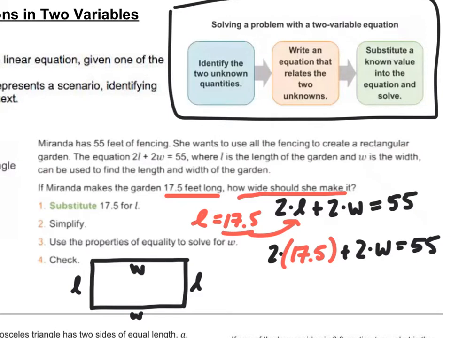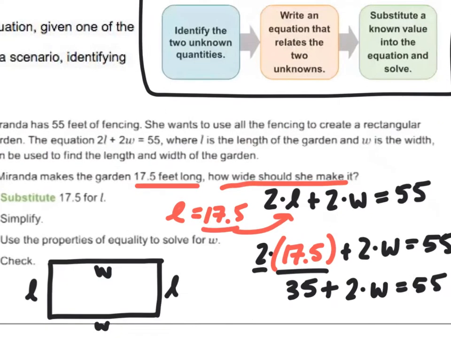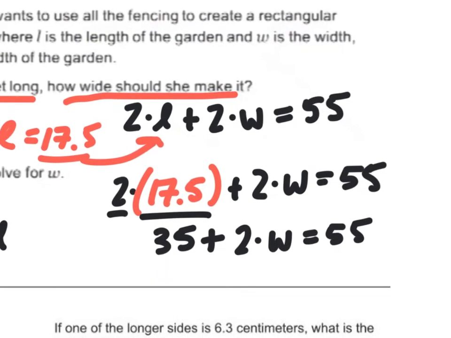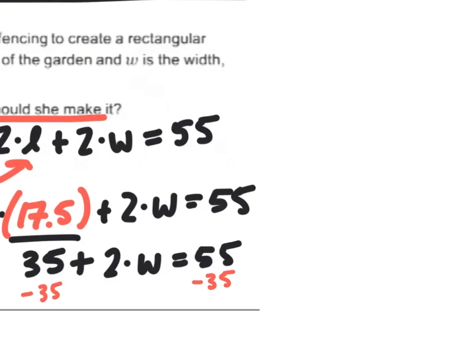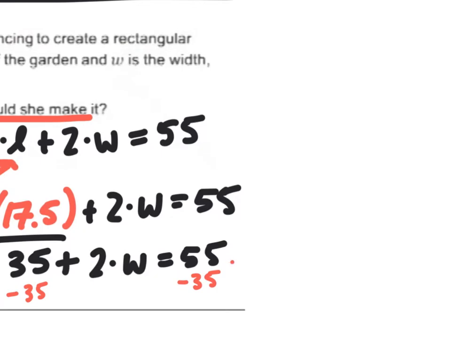All right, so then 2 times 17.5, that gives me, what is that, 35? So we get 35 plus 2 times W is equal to 55. Okay, and I just want to solve that for W now, okay? So I'm going to subtract 35 from both sides and solve this equation.